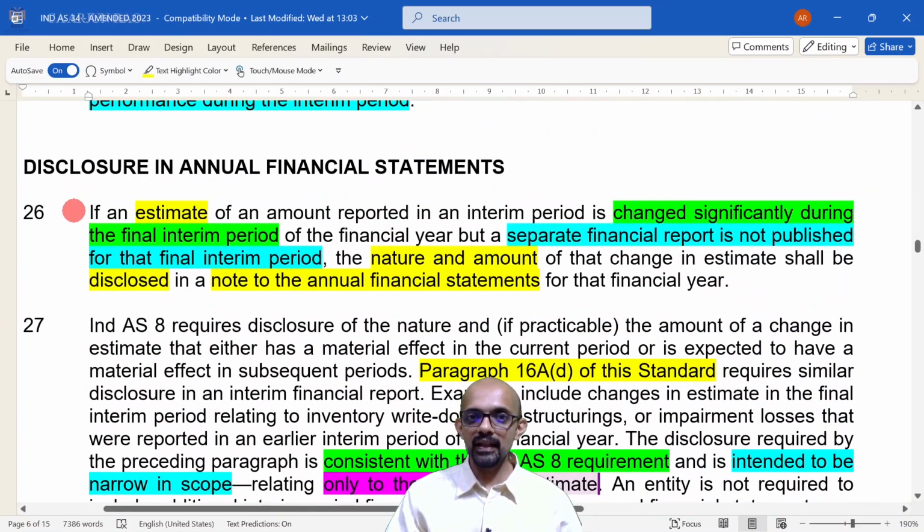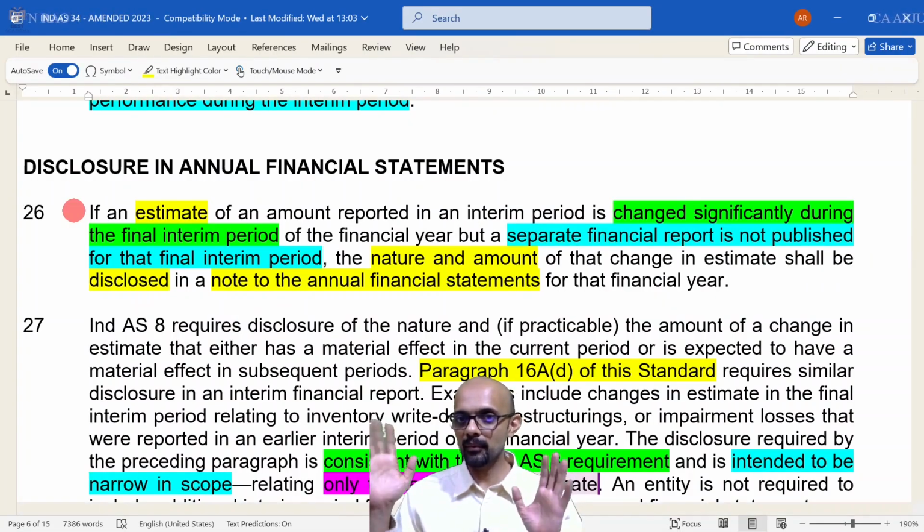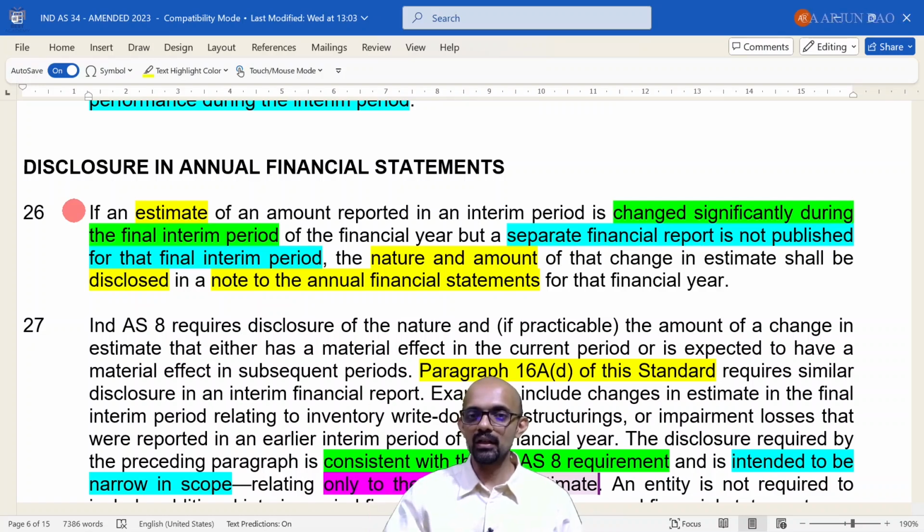So, let us say there are 4 quarters for which you are preparing interim financial statements. The first 3 you have prepared. For the 4th quarter you are not presenting interim financial statements. Instead you are presenting the annual financial statements, right? In that situation there may be a change in estimate from the 3rd to the 4th quarter.